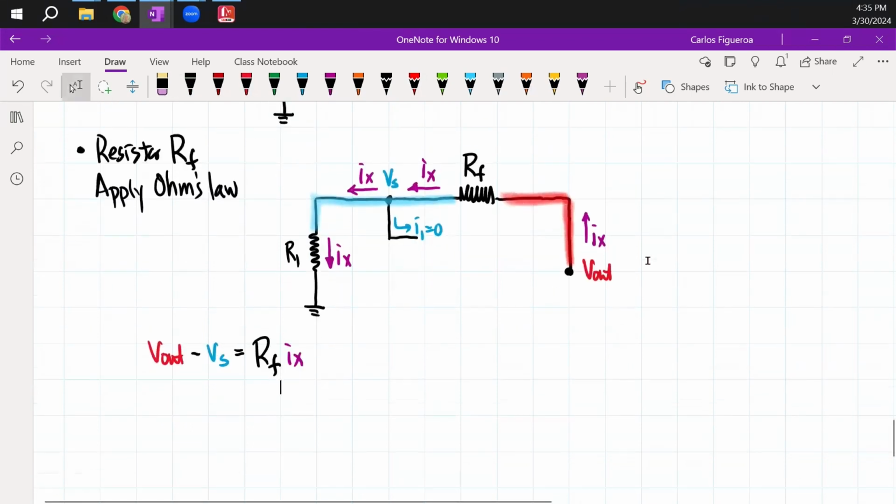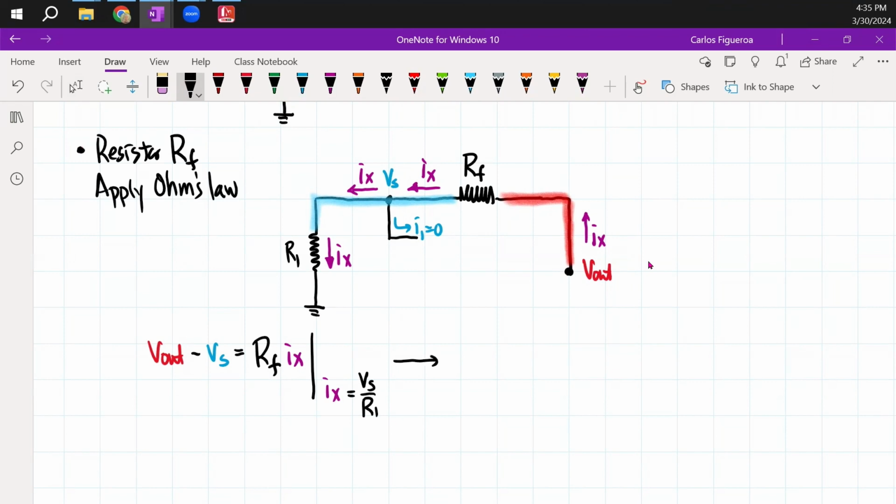But we already calculated Ix, and we saw that Ix was equal to V source over R1. So if I plug this in and solve for V out, we see that V out has to be 1 plus RF over R1, times the quantity Vs. And you can see here that we get the exact same result.